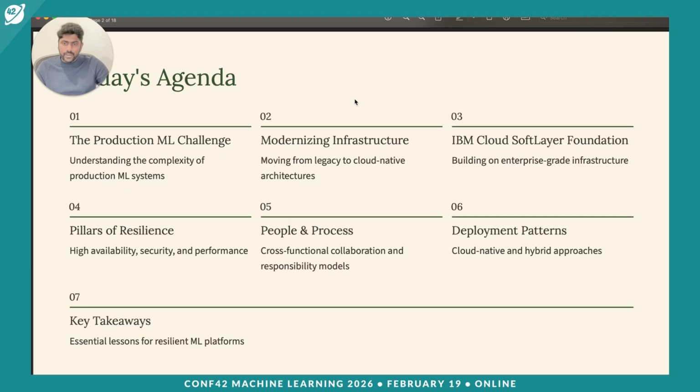And we can also talk about people and process, as this is a must-have for production systems, where cross-functional teams will be coordinating and using the systems for use cases depending upon the need. We'll look at deployment patterns and how a cloud native approach will help us simplify deployment patterns, version maintenance and reproducibility, and also auditing.